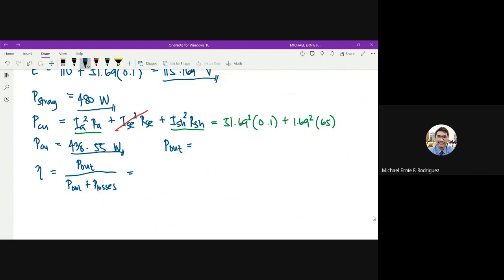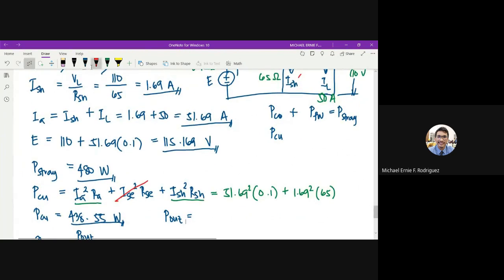Yung output natin nasa load side. So, we have P out, VL times IL. So, ang VL natin is 110 times yung IL, 50. So, multiply natin yan. That is 5,500 watts.